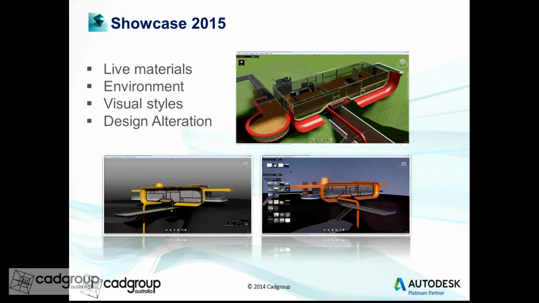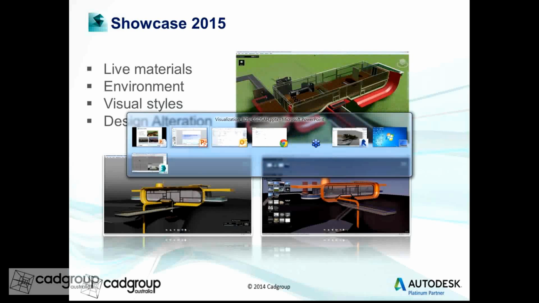So in the demonstration, I'm going to show some of the features of Showcase. The first would be live materials. The next would be environment. Next would be visual styles, and finally also talk about something called design alteration.